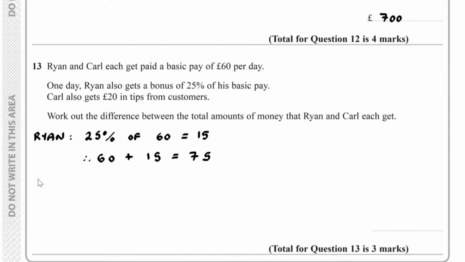And if we take a look at Carl, he gets paid £60 plus this extra £20 he gets from tips, so we have 80 total. And therefore the difference between 80 and 75 is 5, so we have £5.